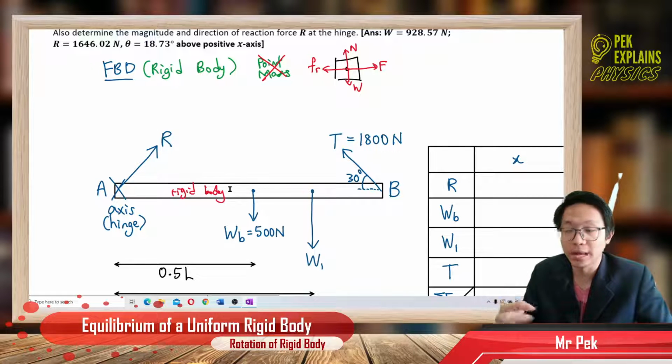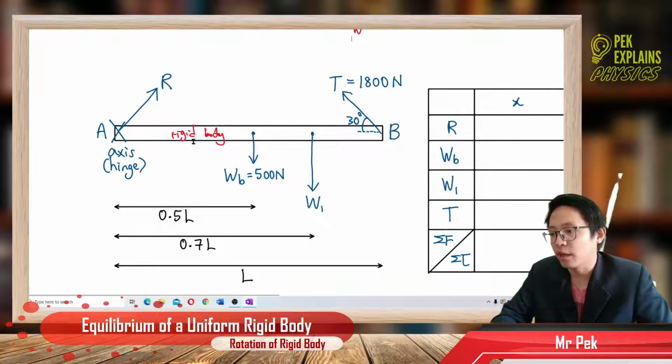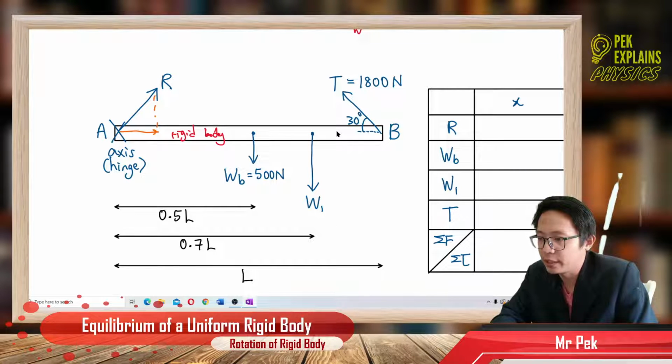Besides going up and down, left and right, it can also rotate. So now, once we have finished drawing the free body diagram, what do we do? We resolve the forces, the available forces. So for R, we have the x component and the y component.